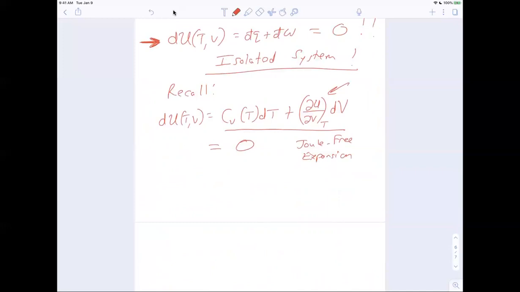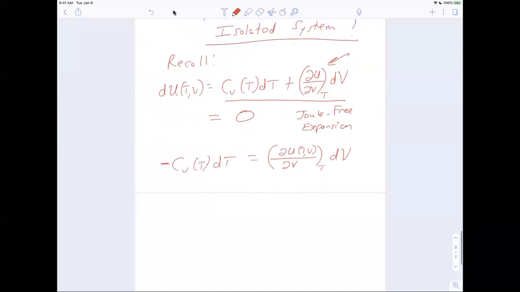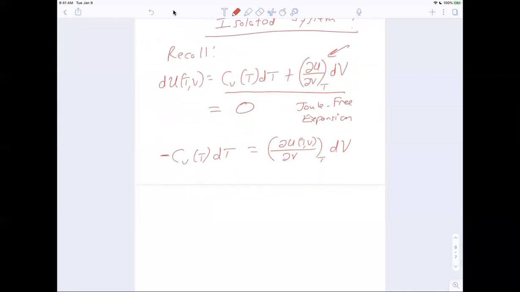So I'm going to say that minus CV of T dT is equal to the partial of u with respect to volume at constant T times dV. Okay, so all I did was bring the CV term to the left by subtracting it from both sides. Any questions on that?